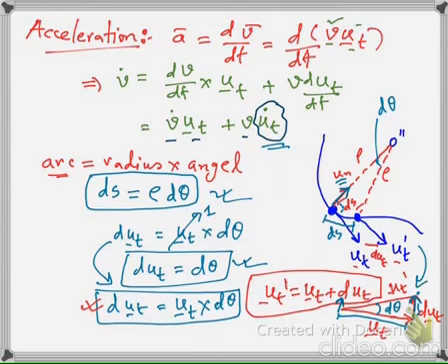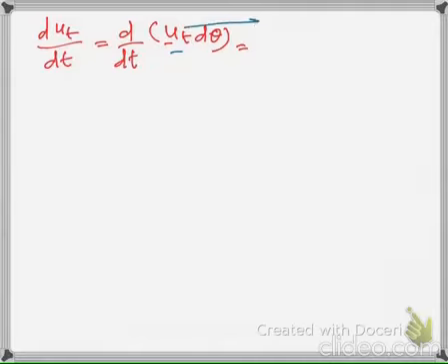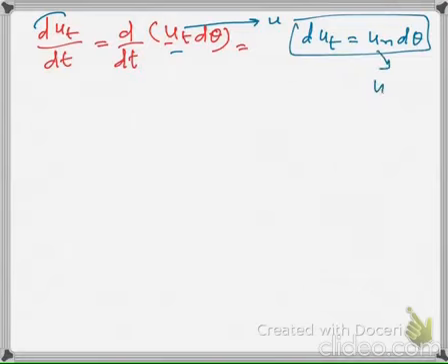So the direction of d ut is the same as the direction of un. So we can replace that ut direction with un. We can write delta ut as un d theta instead of ut d theta, because the direction of the unit vector un and delta ut is the same.